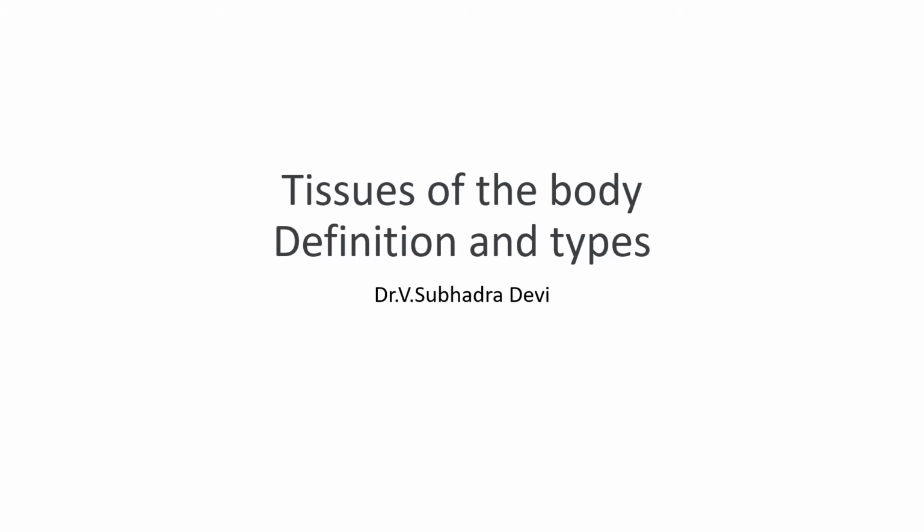Let us discuss the topic tissues of the body. What is a tissue and how to define the tissue and what are the various types of tissue. So, what is the meaning of the term tissue?